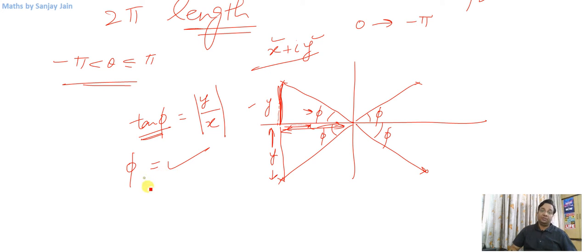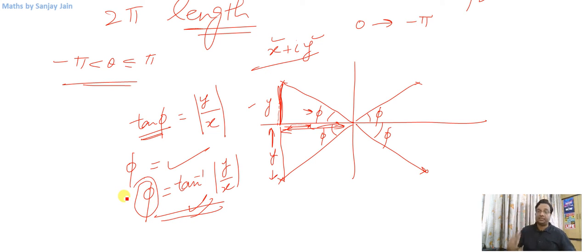Now once you study inverse trigonometry, you will know we can also denote phi by tan inverse of mod y by x. So you will find this angle phi, which is an acute angle made with the x-axis. Once you have found this, how to differentiate whether it is in the first quadrant or the second quadrant?